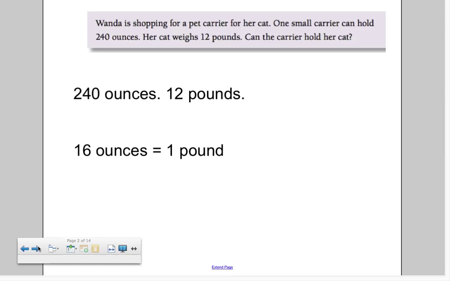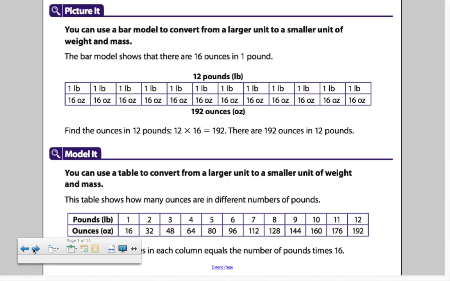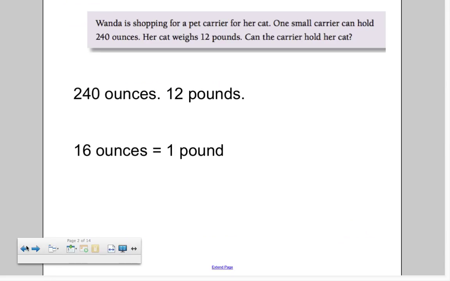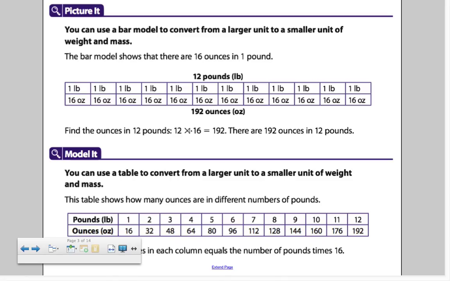So they're asking us in this original question, can the carrier hold her cat? Well, look at the useful chart. For every pound, they have 16 ounces. And the cat is 12 pounds. It says right there. So one thing you can do is 12 times 16.